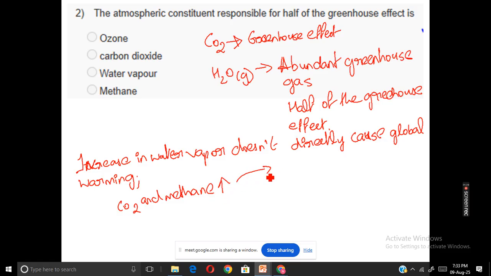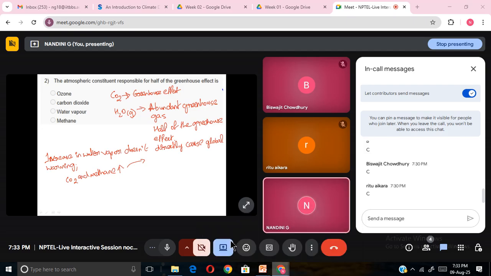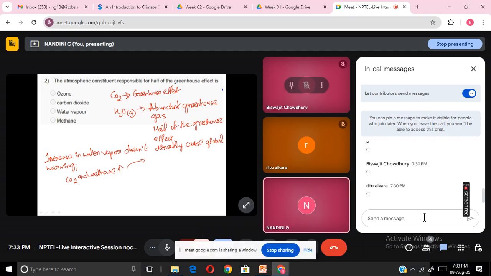As we discussed earlier, when the temperature increases, what happens to the water holding capacity of the atmosphere? When the temperature increases, the amount of water vapor that an air parcel can hold, what will happen to that? We discussed this when we discussed saturation. What happens to the water holding capacity of an air parcel when the temperature increases? It increases or decreases? Can you tell me what happens to the saturation?